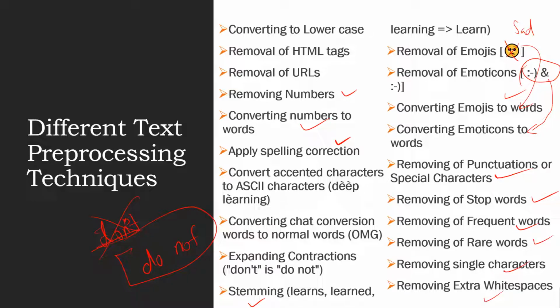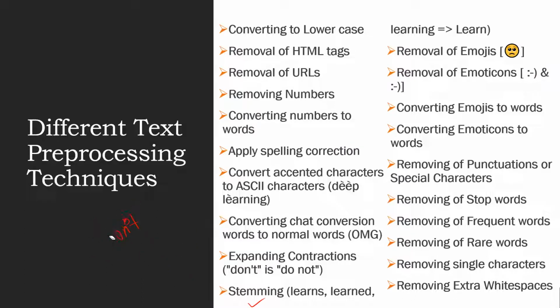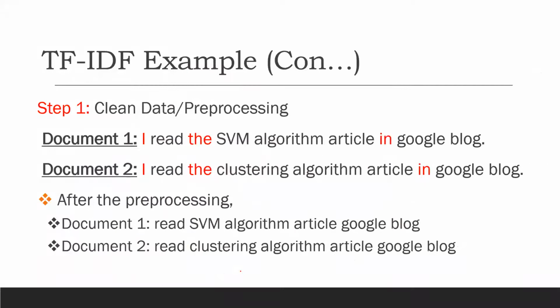Everything is considered data cleaning. Do you have any doubts? This is the way we can do the pre-processing of words. So you need to check all these things whenever you are calculating the TF IDF values. Do you have any doubts? Hello, do you have any doubts?